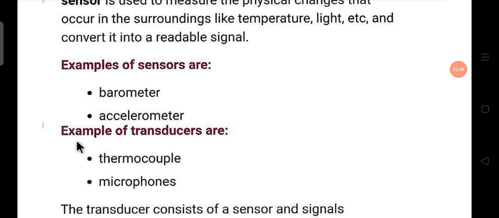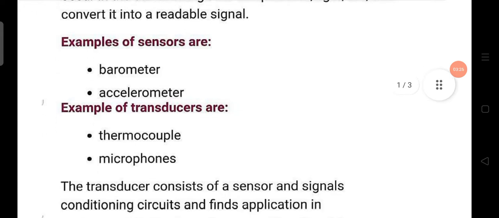Now examples of transducers are the thermocouple and the microphone. The thermocouple converts thermal energy into electrical energy, and the microphone converts a speech signal, which is a non-electrical signal, to an electrical signal.